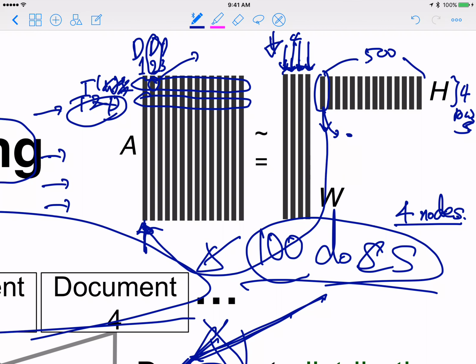If this 4-dimensional column was 0.7, 0.2, 0.1, and 0, it means it is linearly combining the first column with the weight of 0.7, and the second column, or second virtual document, with the weight of 0.2, and so on. That way we linearly combine 4 virtual documents to create the original first document.